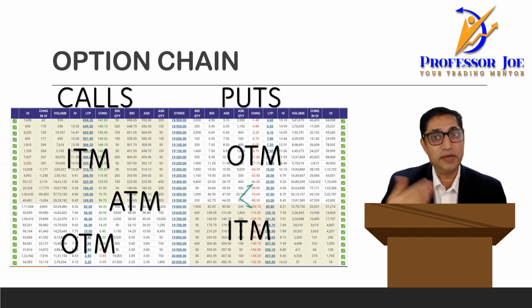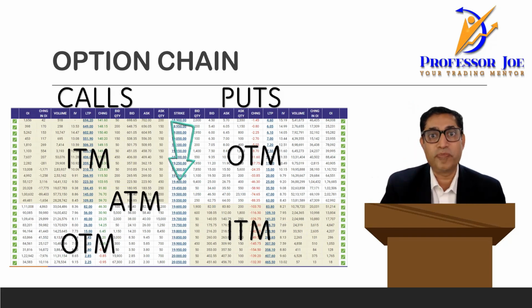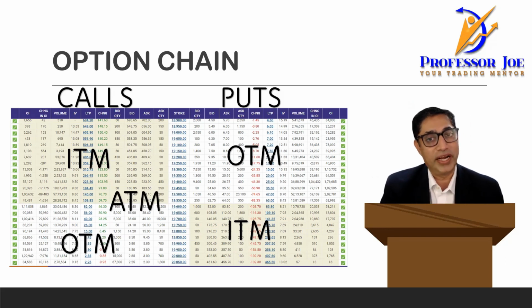So you have multiple options in this chain of prices. That is why this is called an option chain, where it is giving you multiple price options and different premium prices where you want to enter.